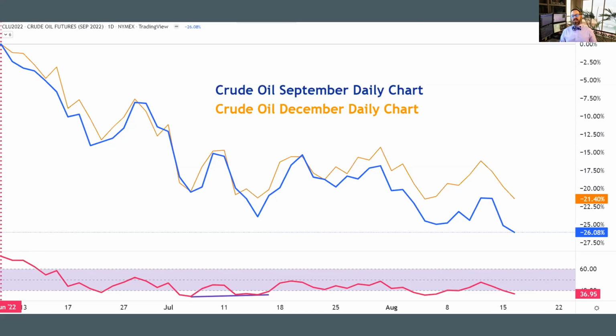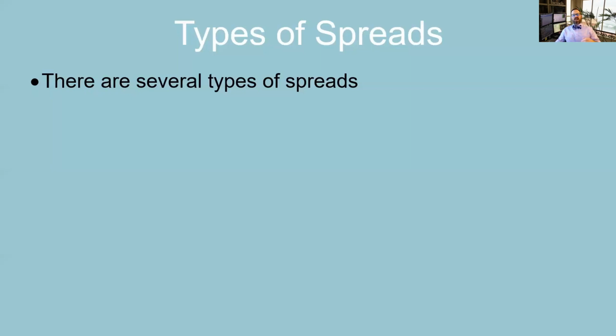Basically, the spread is that white space between those two contract charts. That's all it really is, the price difference between the two. And that can either get wider or narrower. And we're going to be able to trade that using a spread trade. So there are actually several different types of spreads, really two main types, and then a couple subcategories, if you will.